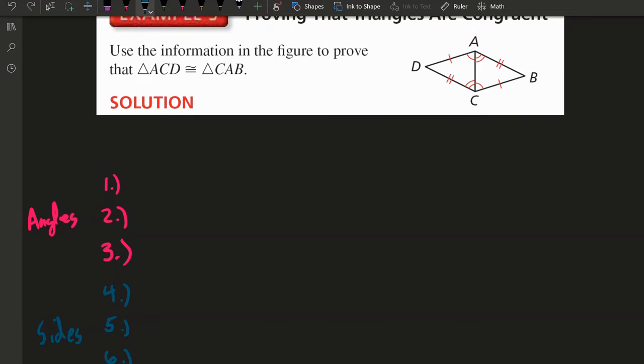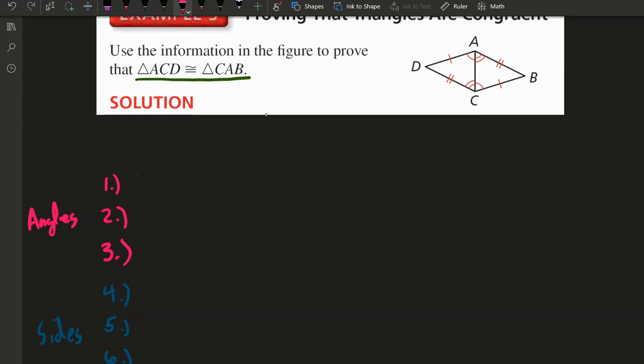So, looking at the thing that I'm trying to prove, I've got triangle ACD, so I want to show that angle A, I can't call that angle A because there are 3 angle A's.